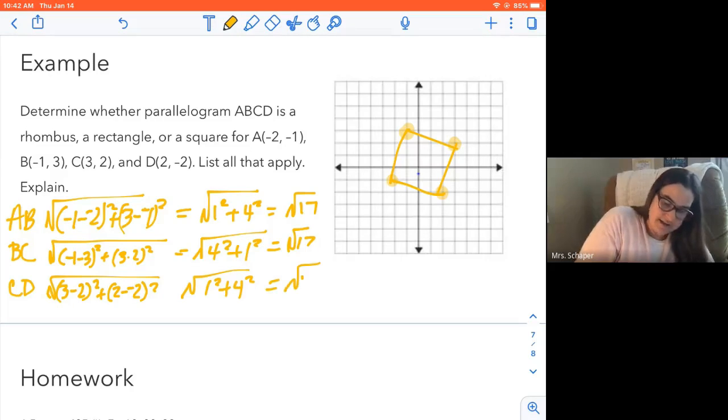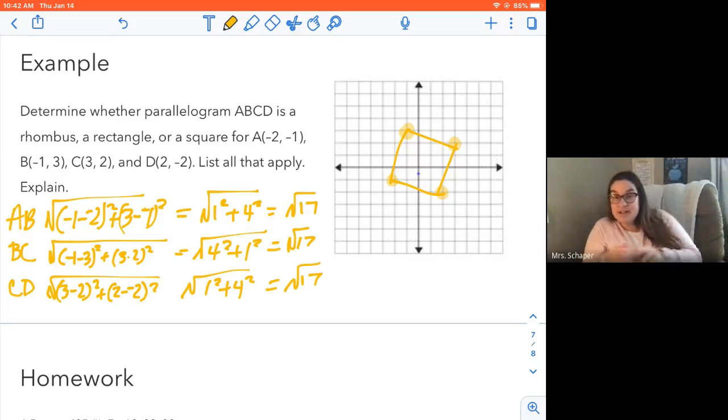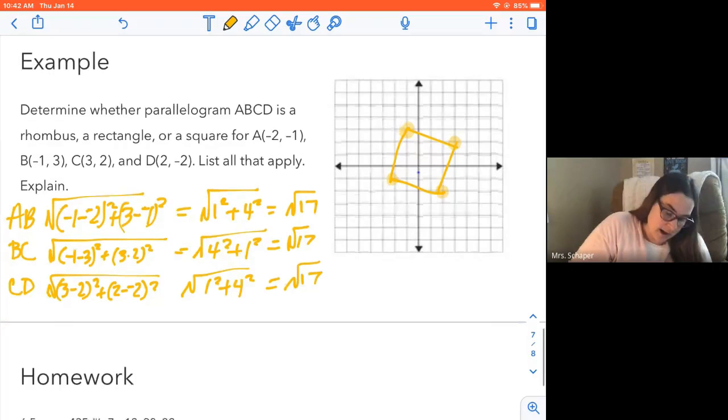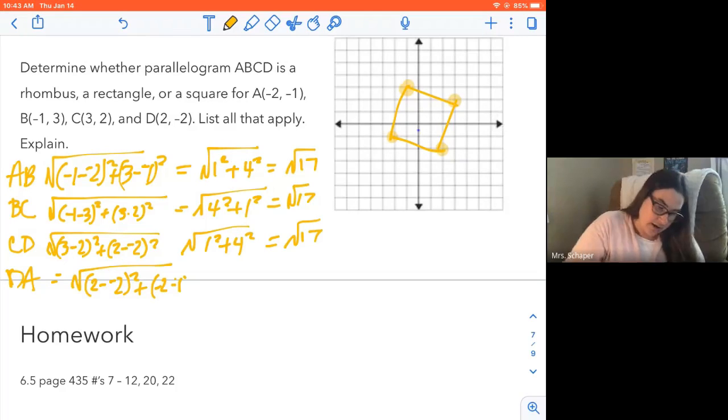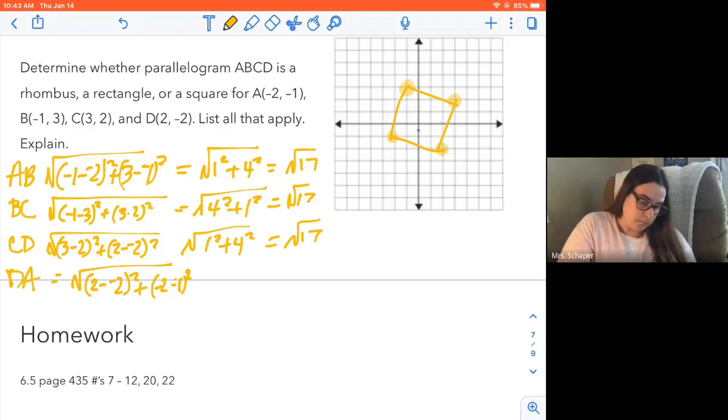Look at this, so far we have 3 out of the 4 sides congruent. And then DA is equal to the square root of (2 minus -2) squared plus (-2 minus -1) squared, so that's going to give us the square root of 4 squared plus 1 squared.